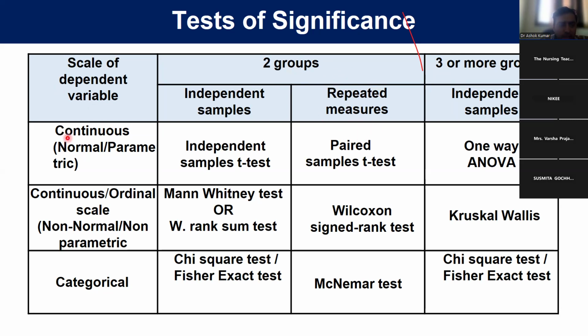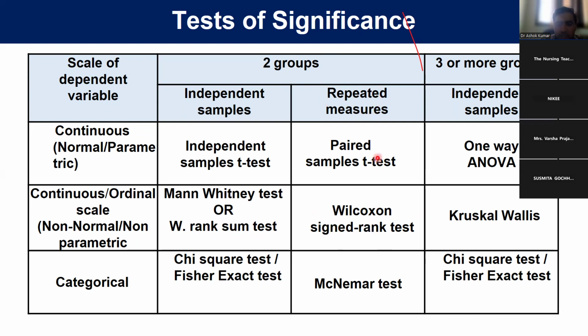If our dependent variable is continuous or ordinal and not normally distributed, then we should go for the Wilcoxon signed rank test. This is the Wilcoxon rank sum test, and this is the Wilcoxon signed rank test in repeated measures.